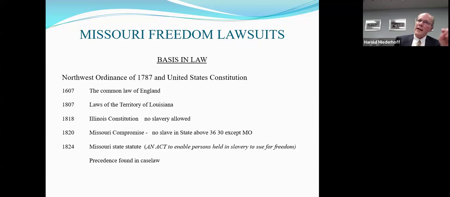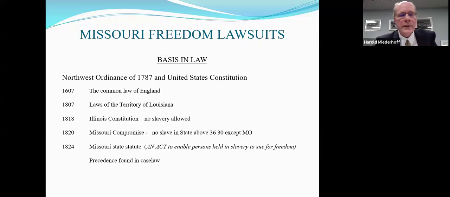Then, because a lot of these freedom lawsuits dealt with individuals from St. Louis crossing the river into Illinois, we had to deal with the Illinois Constitution, in which slavery was not allowed as well. Then, when Missouri became a state, it was admitted as a slave state, and the 1820 Compromise was part of our body of laws as well.